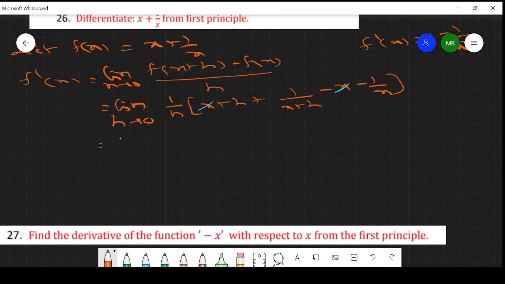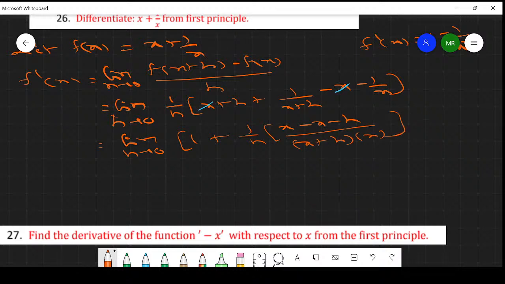Limit h tends to 0, 1 by h into the remaining terms. If we take the LCM of these two, it will come x minus (x plus h) by (x plus h) into x. I have taken the LCM like this.